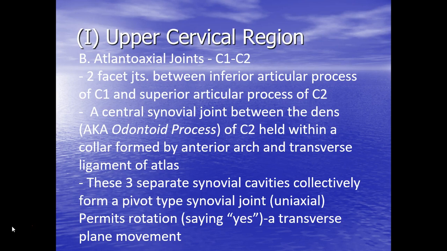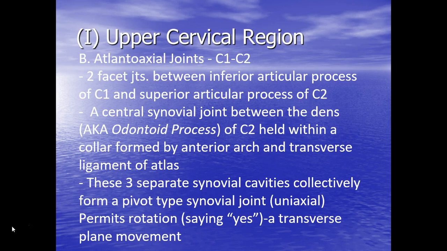of C2, where it's held against the anterior arch of atlas and the transverse ligament of atlas, which holds it in place against the dens. So these three separate synovial cavities collectively form a pivot-type synovial joint, which is a uniaxial type of joint.